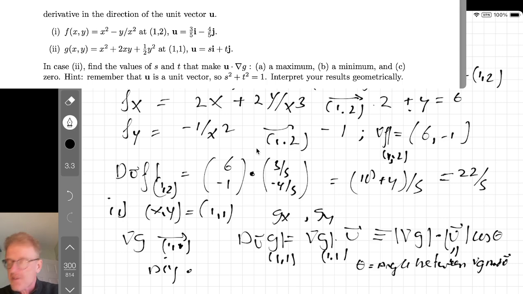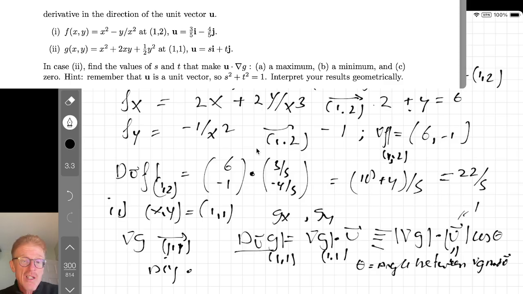So just to emphasize, we calculate grad g in 1, 1. Then we find Du, the directional derivative, Du of g. So that's grad g in 1, 1 in a product with u. And that is, remember the definition, the modulus of grad g times the modulus of u, which of course is 1.